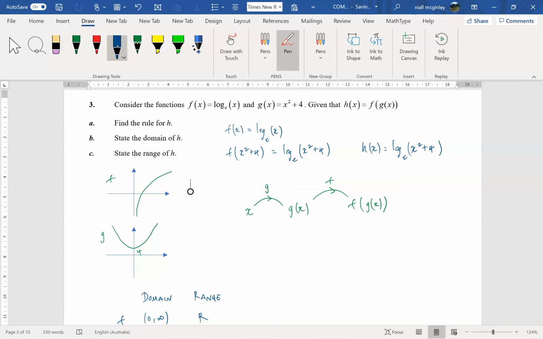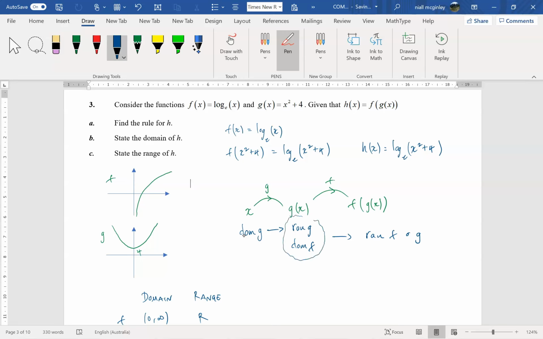Starting off here, just thinking about the first part of the function, not the composite, you start off with the domain of g. Whenever you put in the domain of g, you get out the range of g, or your answers. Looking at the second part, f, you're going to start with the domain of f. And then we're going to end up with a range of f of g, which is probably the hardest thing to work out. But we'll show you a way of doing that using the graphs.